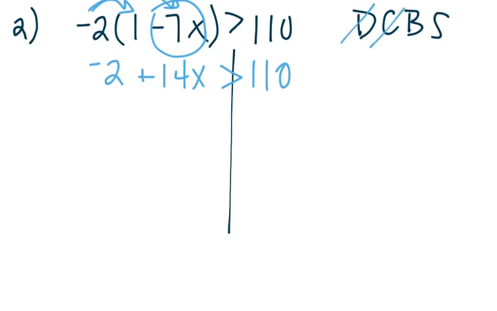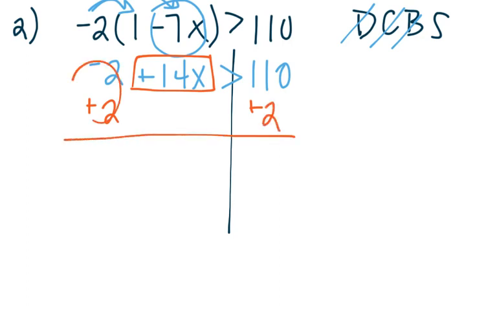We don't need to combine like terms or bring all variables to one side because there's only one variable. We're just going to solve from here. So I have a positive 14x. So we'll start with this negative 2, do the inverse, which is add 2. We do this so that we can create a 0 pair, and we're left with 14x is greater than 112.